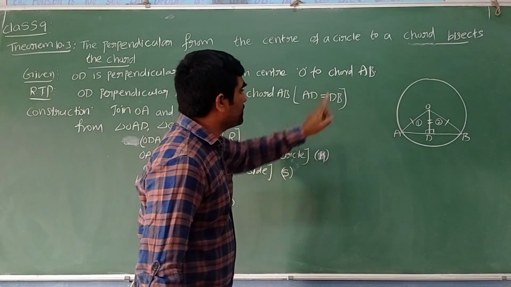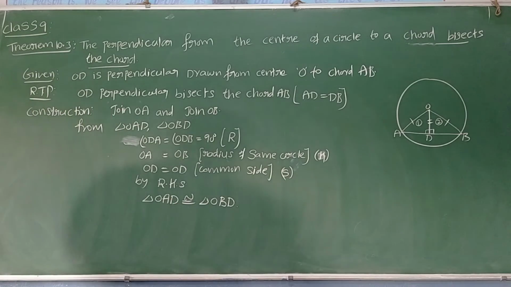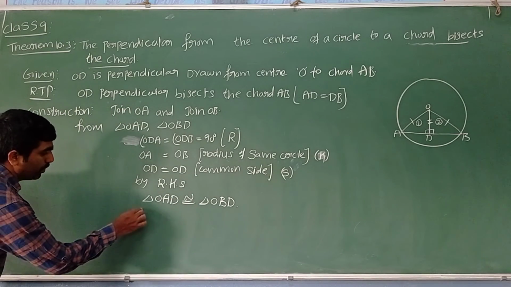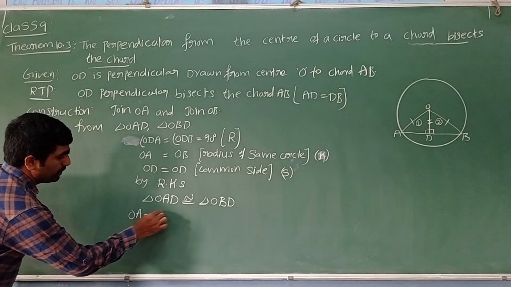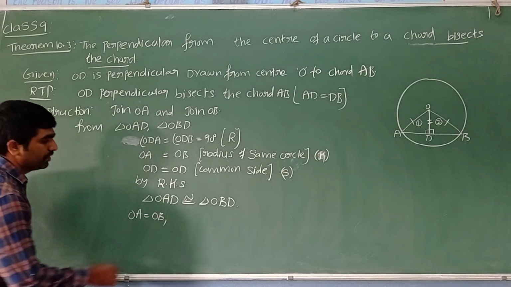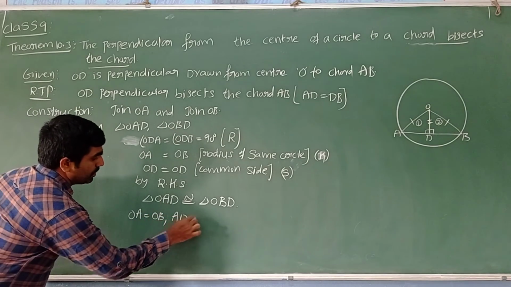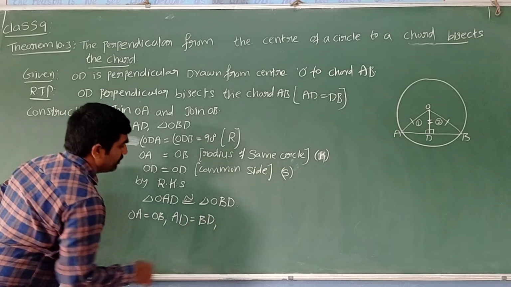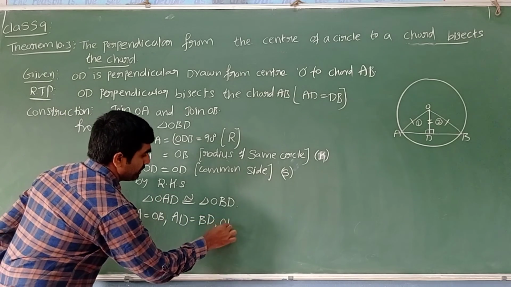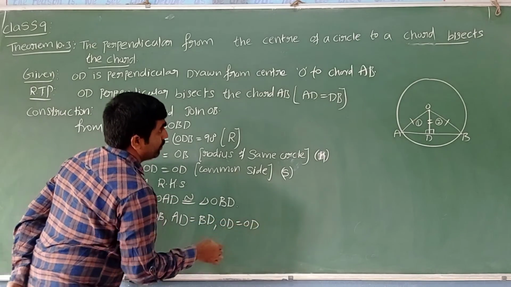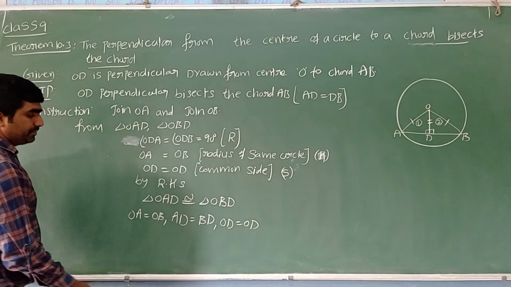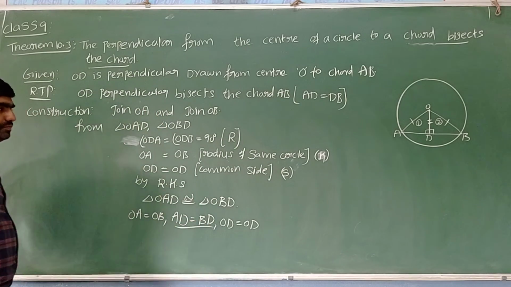We write corresponding sides: OA is equal to OB, AD is equal to BD, OD is equal to OD. We got AD equal to DB.